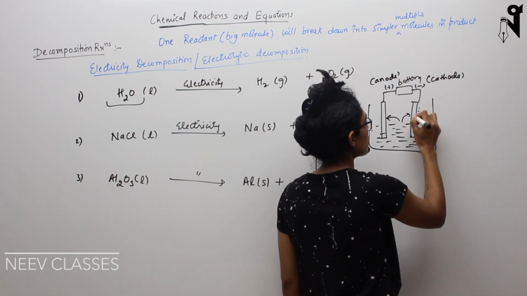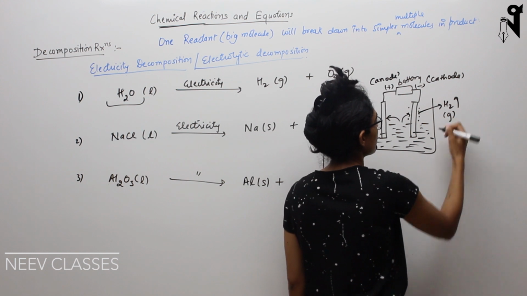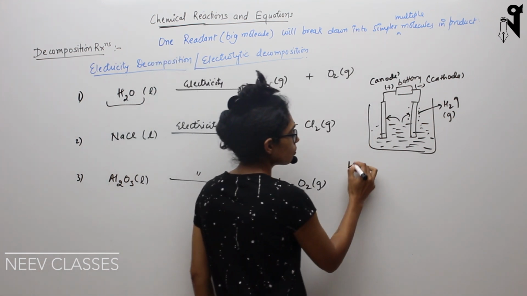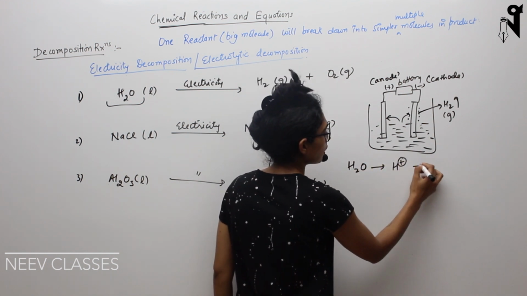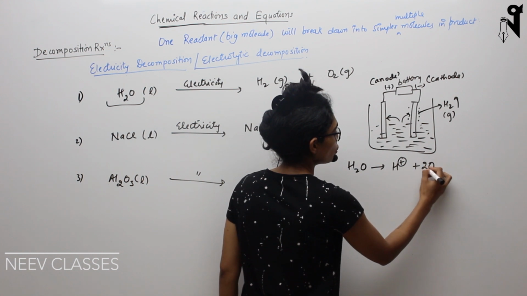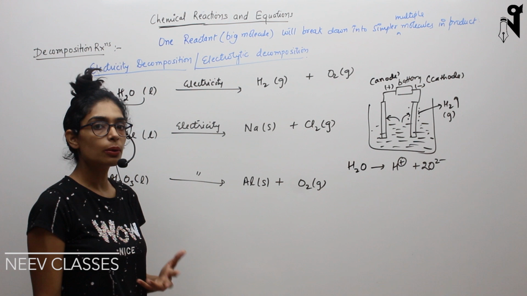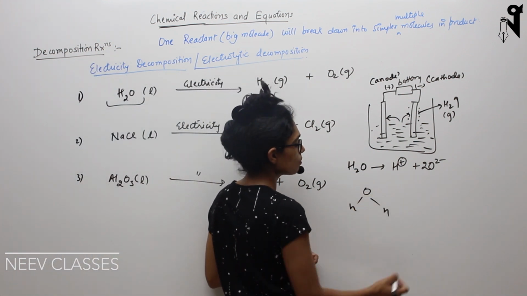Hydrogen gas will come from the cathode, because water will break down as H plus and O2 minus. I don't know whether you know this or not, but when water breaks down, there is an oxygen-hydrogen bond.